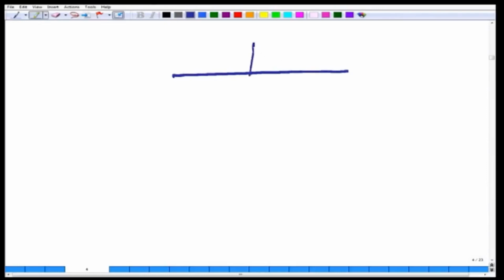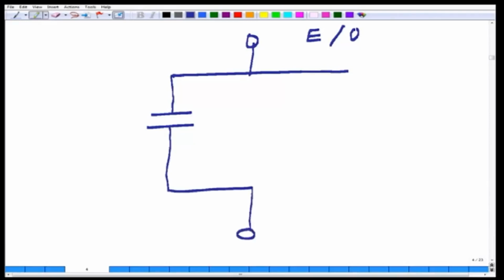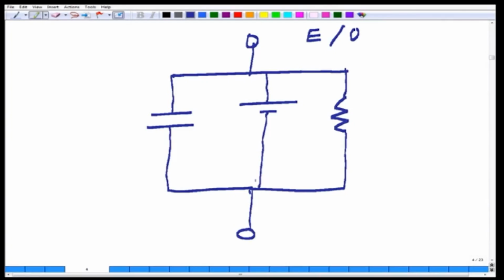You can treat the cell. This is the extracellular side, E, or outside the cell. You have the capacitance, you have the resistance, and you have the voltage across it.